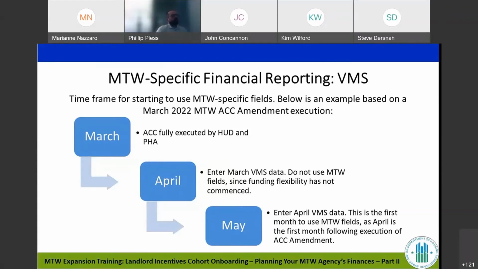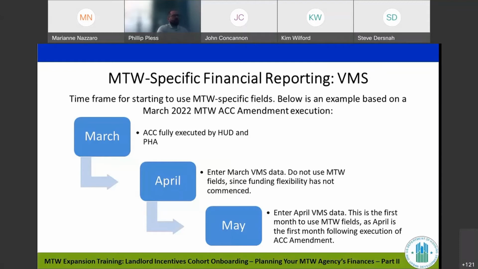In April of 2022, for their VMS reporting, they're going to enter their March VMS data, because this always runs a month behind. So in this month, you are going to do your VMS reporting as a non-MTW PHA, because you have not yet started as an MTW agency.